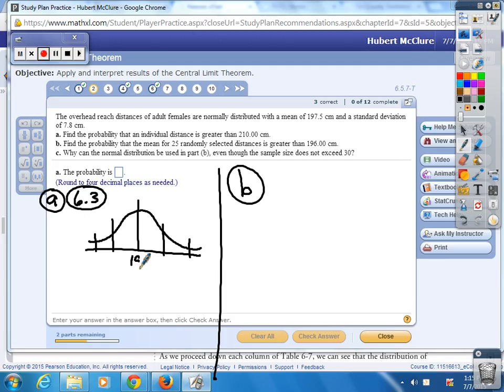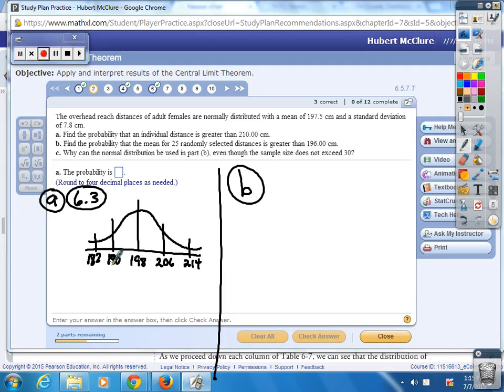198 and 8 is 206. And 8 is 214. And 198 is 192, or 190, 190. And 190 minus 8 is 182. That's 190, that's not 180, that's 180.